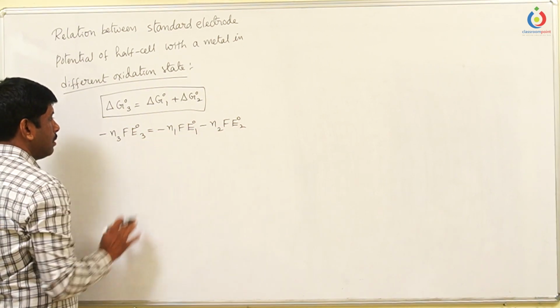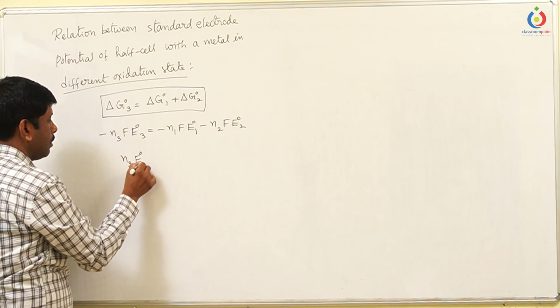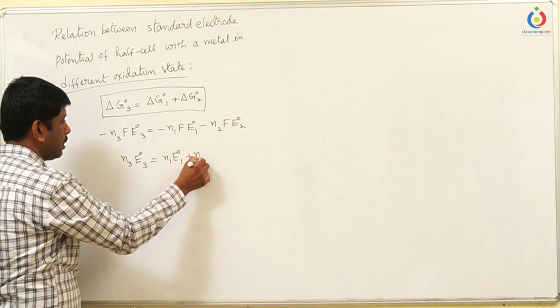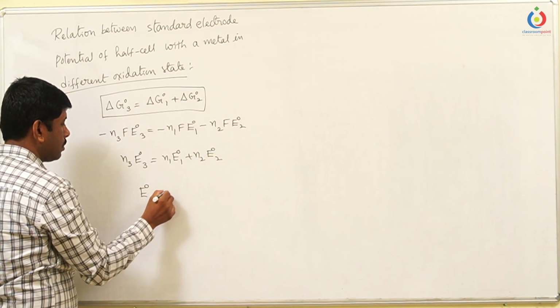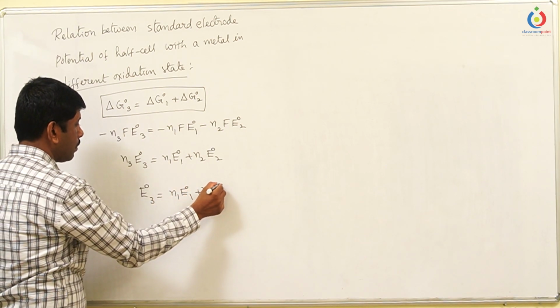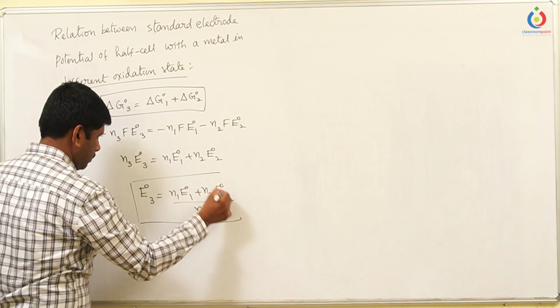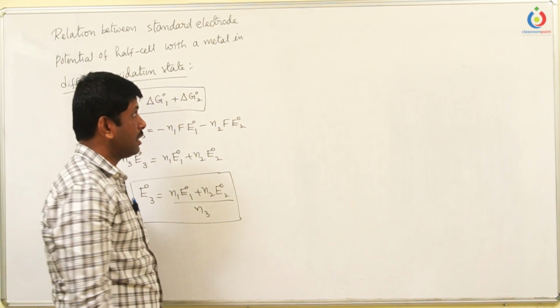So the minus and F values cancel out, so n3 E naught 3 is equal to n1 E naught 1 plus n2 E naught 2, and E naught 3 is equal to n1 E naught 1 plus n2 E naught 2 divided by n3. Let us try to see how to use this equation by taking an example.